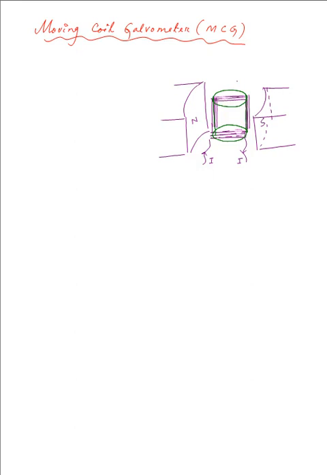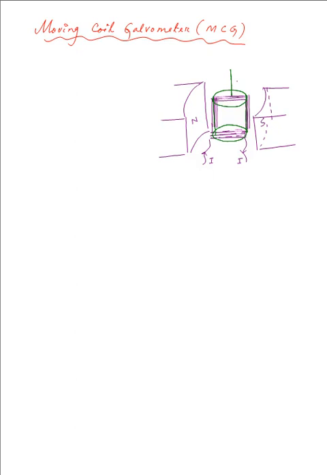And this core hangs from a certain point, so that it's free to rotate about that axis from which it hangs, while the magnetic field does the work of the formation of the couple on both the arms that we just studied in the previous video.